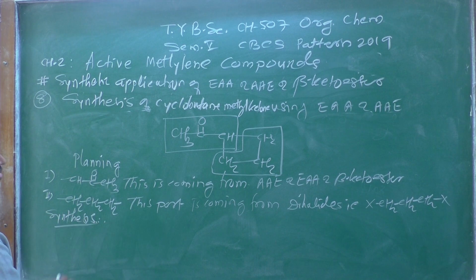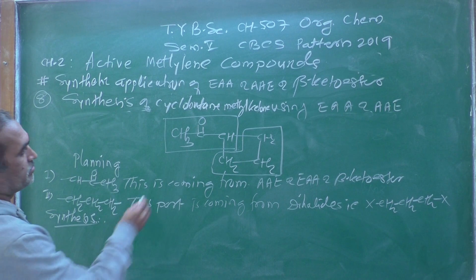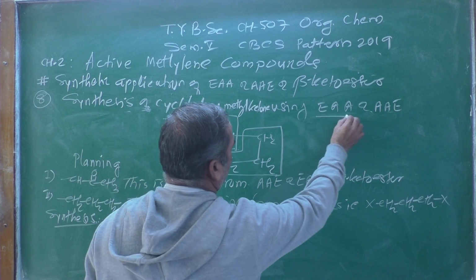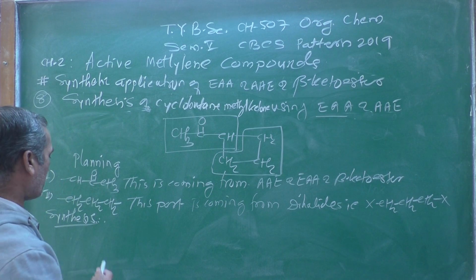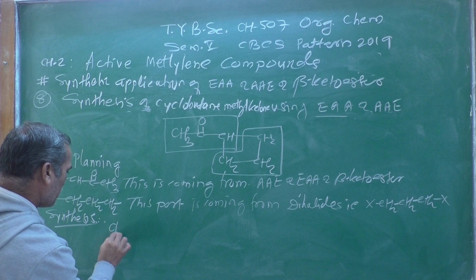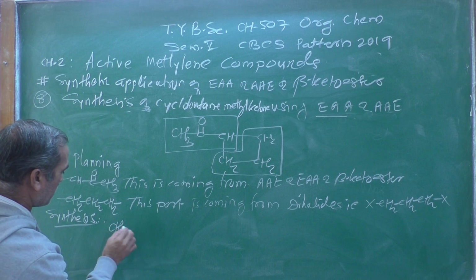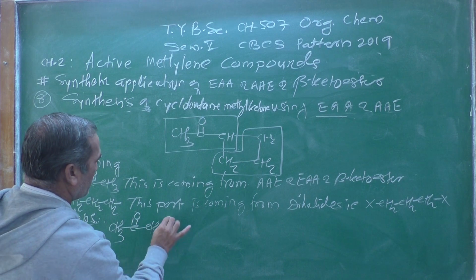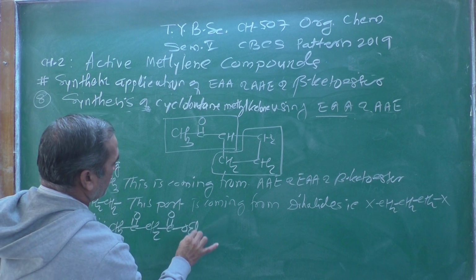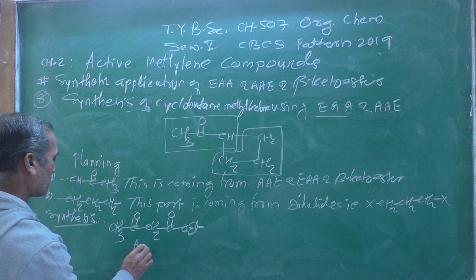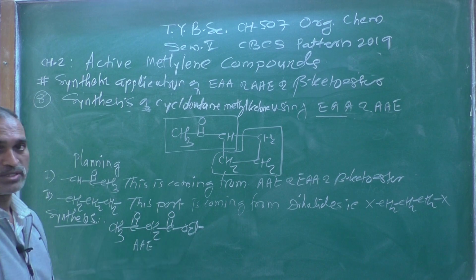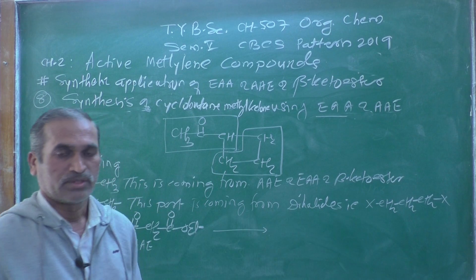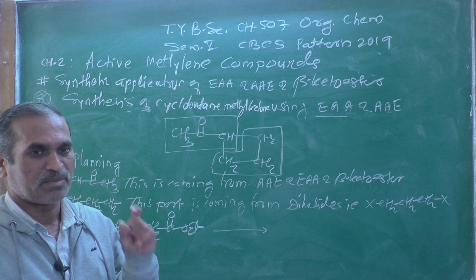In the synthesis part, the starting material is ethyl acetoacetate, and you know the structure of ethyl acetoacetate: CH3, C double bond O, CH2, C double bond O and OEt. This will be the structure of ethyl acetoacetate.